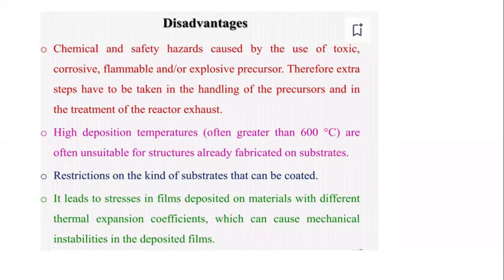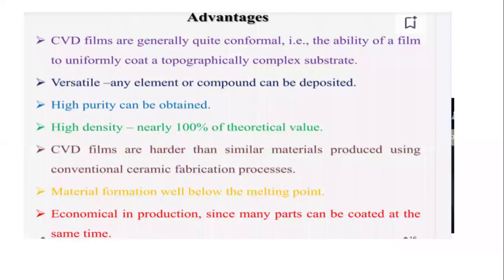Advantages: CVD films are generally quite conformal, that is, the ability of the film to uniformly coat topographically complex substrates. Versatile: any element or compound can be deposited. High purity can be obtained. High density, nearly 100% of the theoretical value.